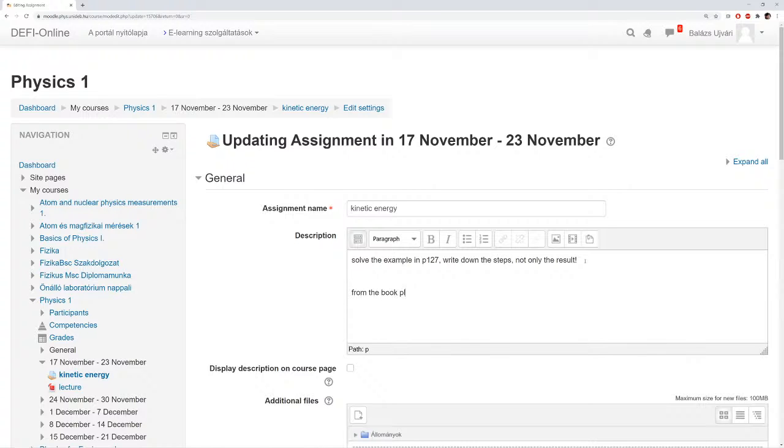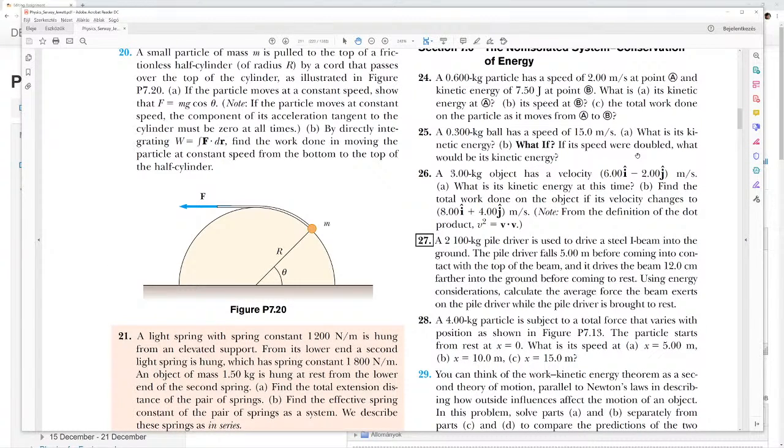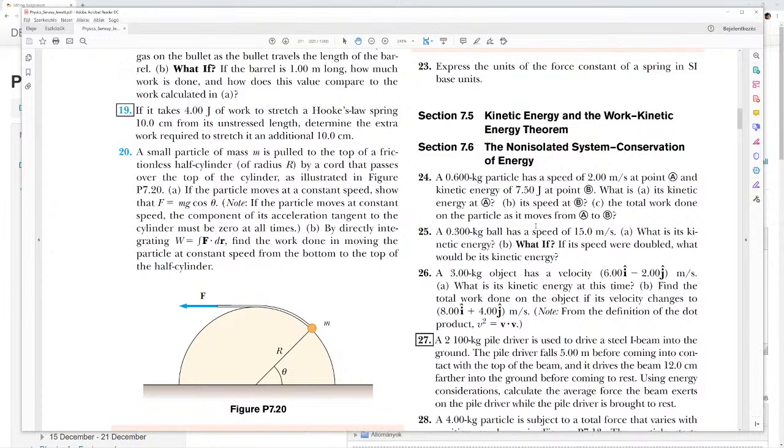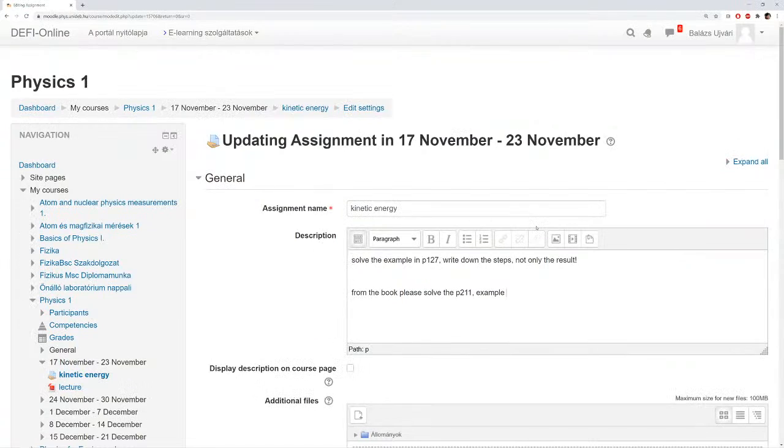From the book, please solve the page 211 example 25. That's enough.